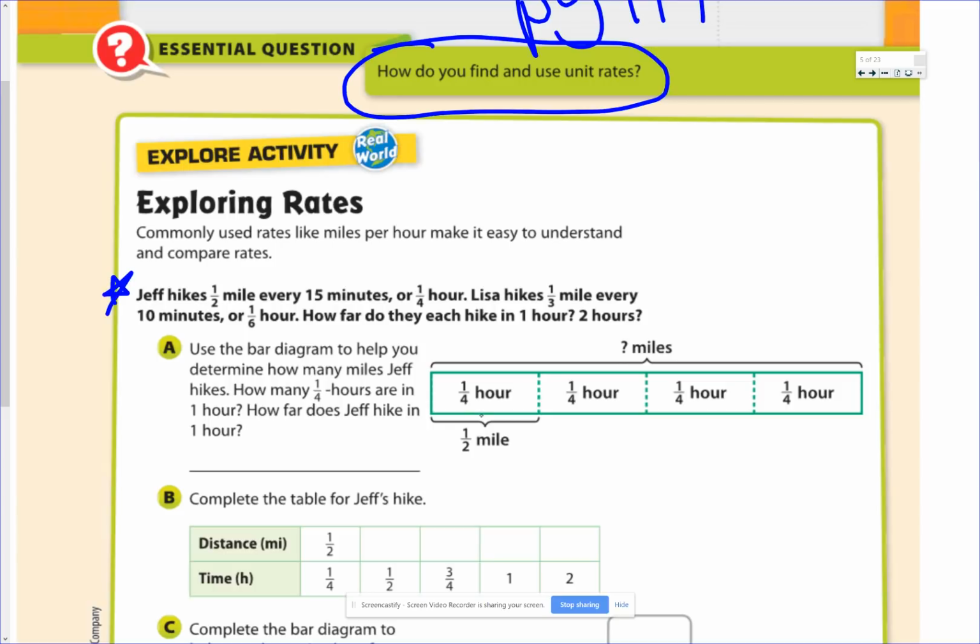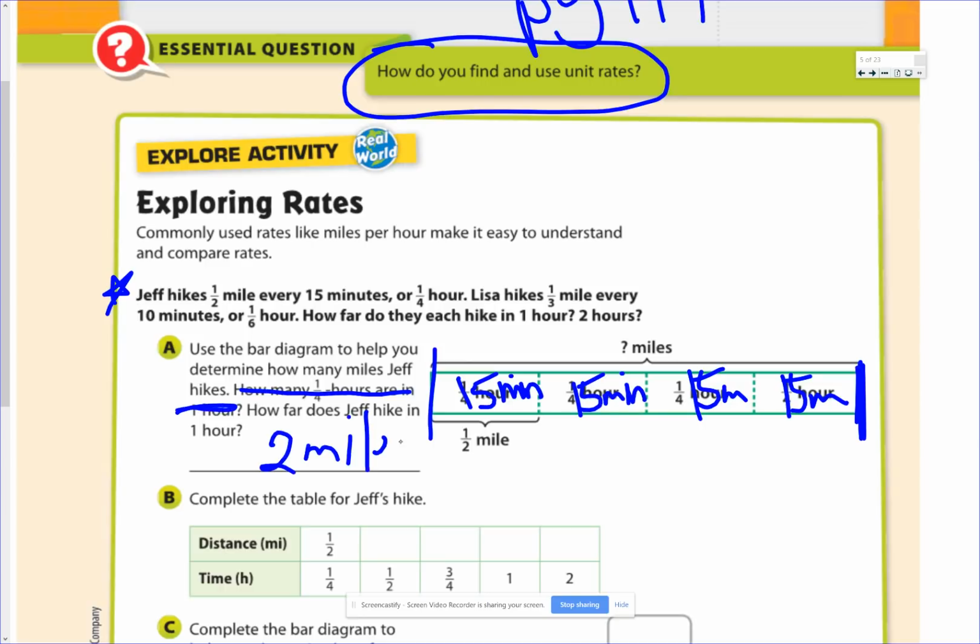So here's Jeff. In a fourth of an hour, in other words 15 minutes, here's another 15 minutes, here's another 15 minutes, and so on. And then you counted it up. Here's what we ended up with. I'm not even answering this first question there, I'm crossing that out. But he hiked 2 miles in 1 hour.